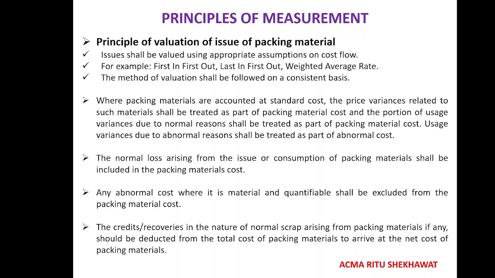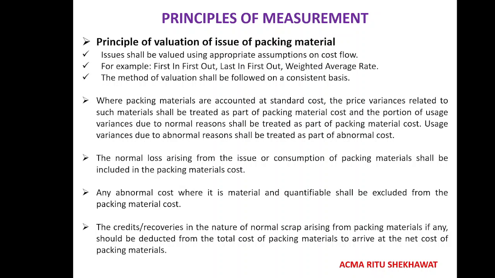Where packing materials are counted at standard cost: if your company has fixed a standard cost for packing material, and there is any variance from the standard cost and expenses are incurred due to the variance, then that should be absorbed in your cost if it is for a normal reason.